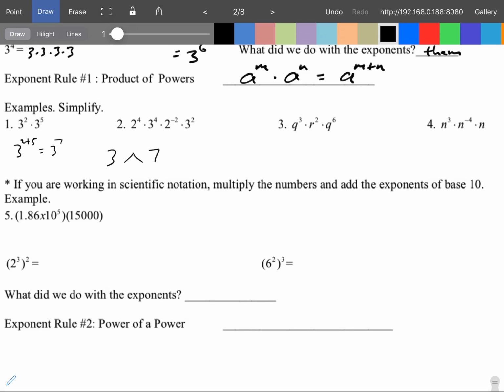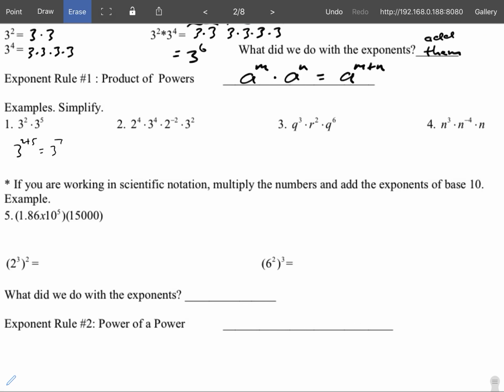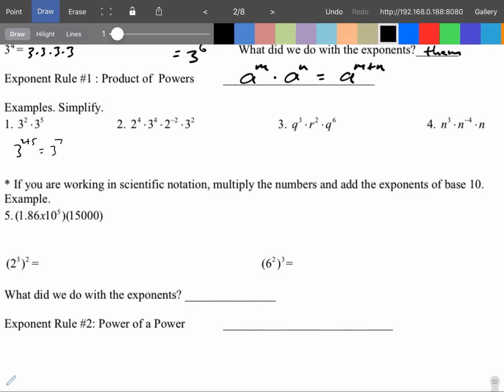So 3 to the 7th, well, that's 3 times 3 times 3 times 3 times 3 times 3 times 3. So that's a pretty big number. That's 2,187. Oh, let me move my stuff here. This is 2,187.